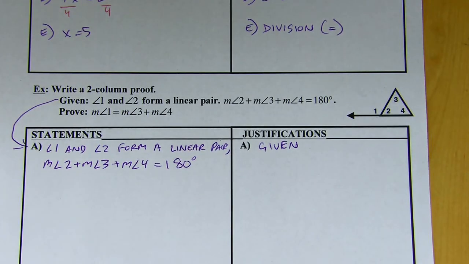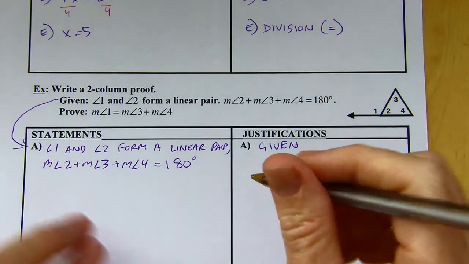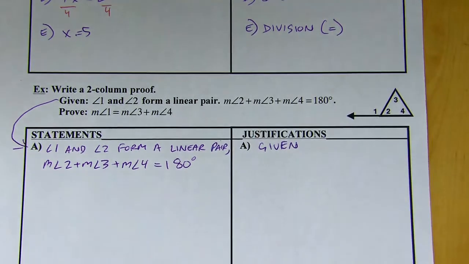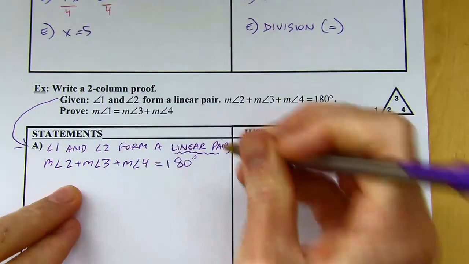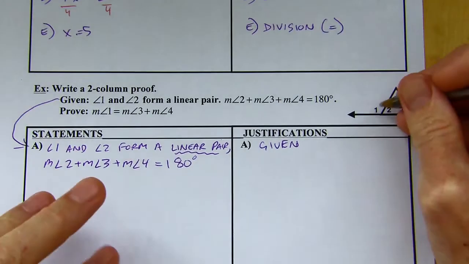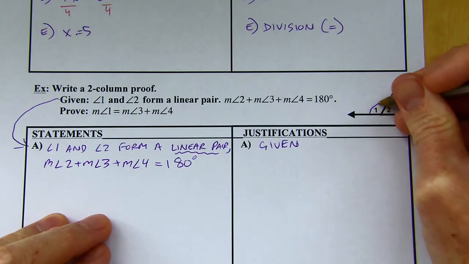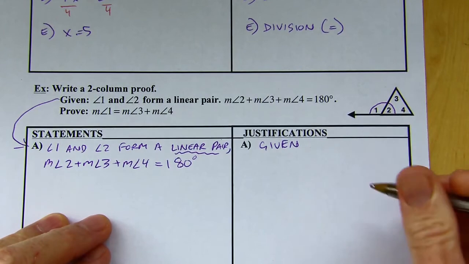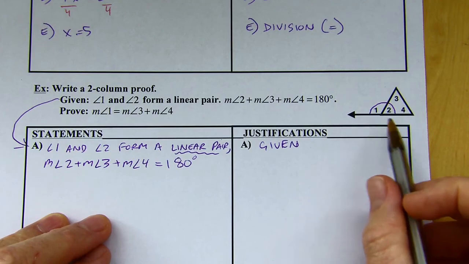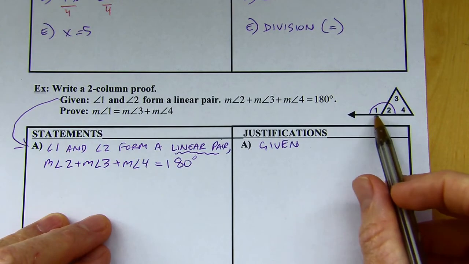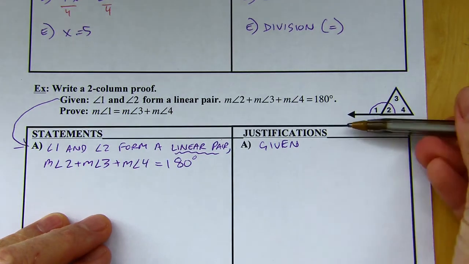Okay, so what I'm going to do first, you can always do something with the given info. So I'm thinking, well, what does this really tell me, that those form a linear pair? What can I do with that? What I can do with that is say what those two angles add up to. Since they're a linear pair, they form a straight line or a straight angle, and a straight angle is going to be 180 degrees.